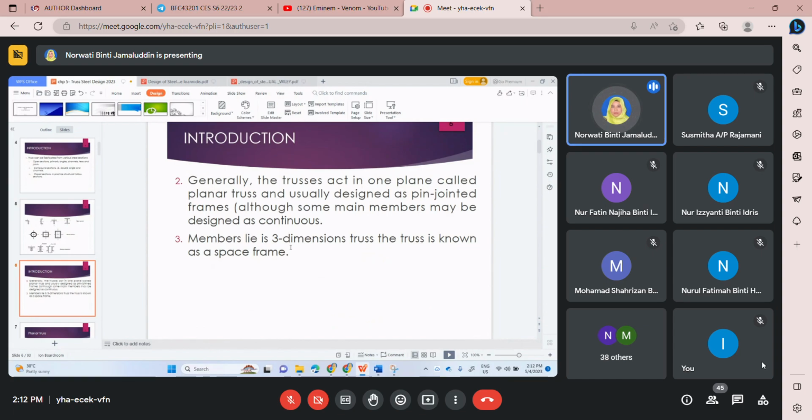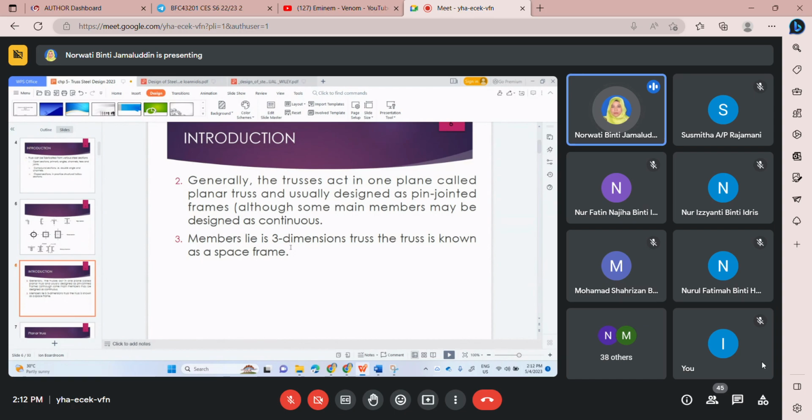Okay, trusses can be divided into two categories, planar truss and space truss, kekuda satah dan juga kekuda ruang. For planar truss, normally we will design it as a pin jointed frame.